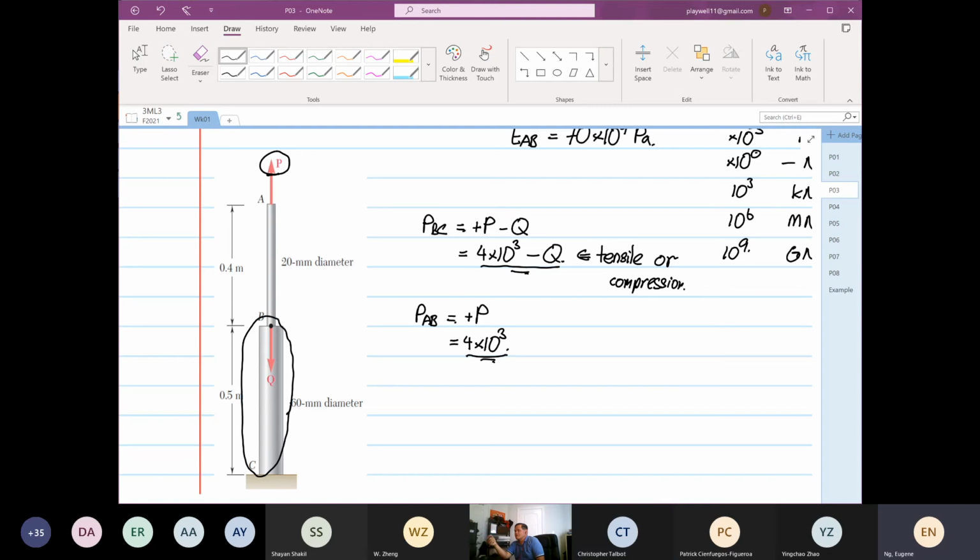Now listen. This topic is so critical that you cannot memorize. You have to analyze. Analysis is key here. Can anyone tell me why in AB I don't see Q at all, but in member BC, PBC has Q and PAB doesn't have Q?